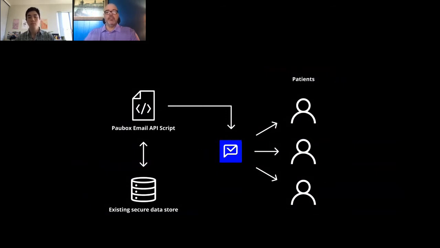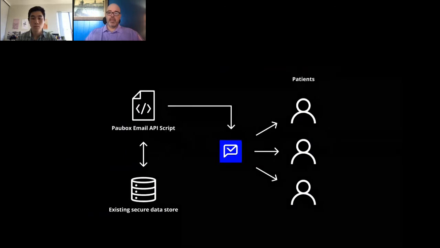So if you imagine your company has its secure data of protected health information that you want to share with patients, and you want to avoid the fax machine, or you have these built-in processes that either generate letters or faxes, you can imagine the Paubox email API fitting in that same area as its own script, which would be part custom script that you are building on your organization side, and part using the Paubox email API. And then when that message is created, it's sent out to the patients in whatever encrypted format they can receive email by.